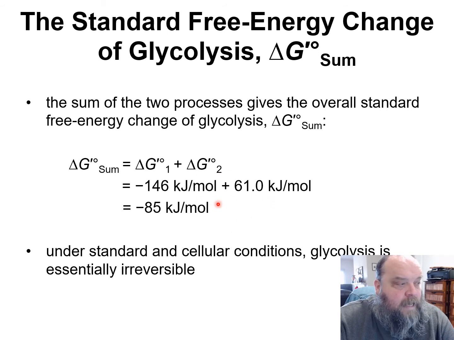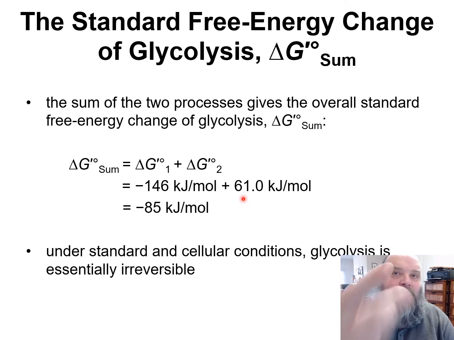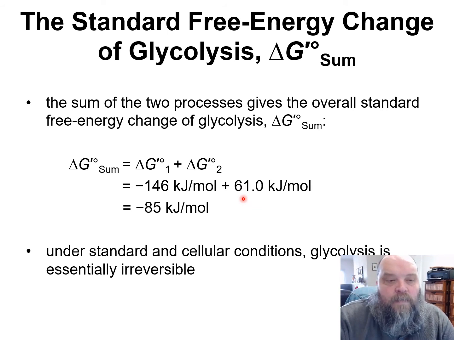So even taking into account how much it costs to invest the energy into making those ATPs, you still have a lot left. That's where you get the energy for the rearranging of the deck chairs.